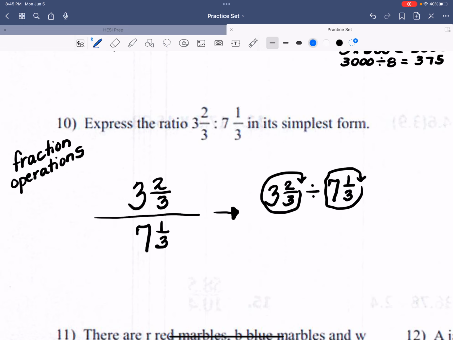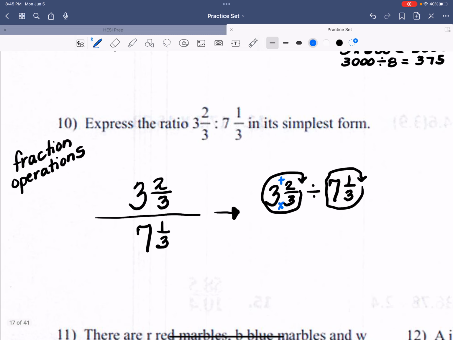3 times 3 plus 2. So 3 3s are 9, plus 2 is 11. And then 3 times 7 is 21, plus 1 is 22. And you keep the same denominators. And we're still dividing at this point.